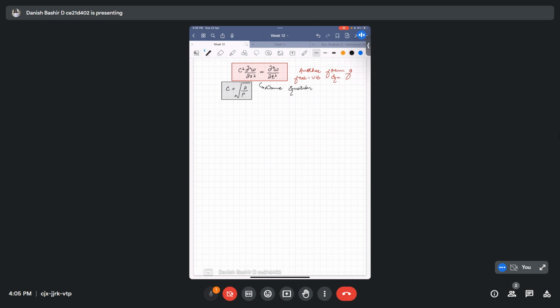So what will be the initial condition for this type of motion?